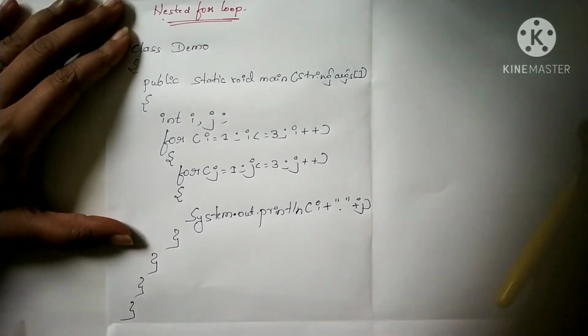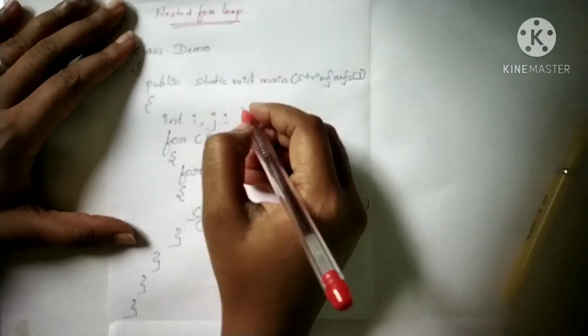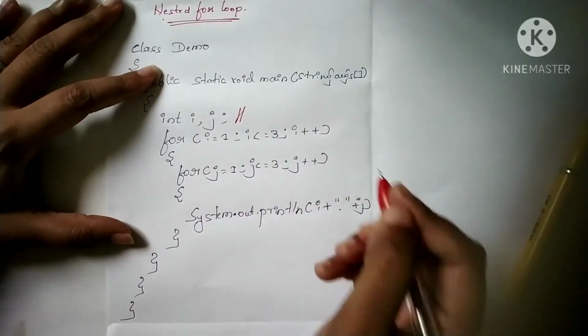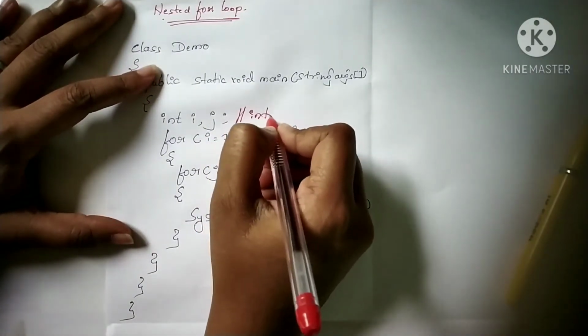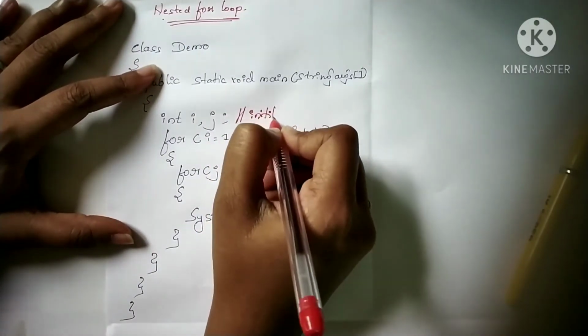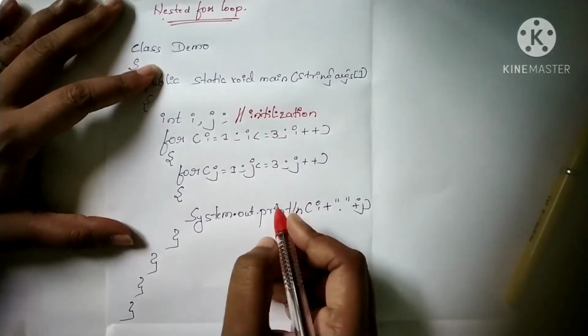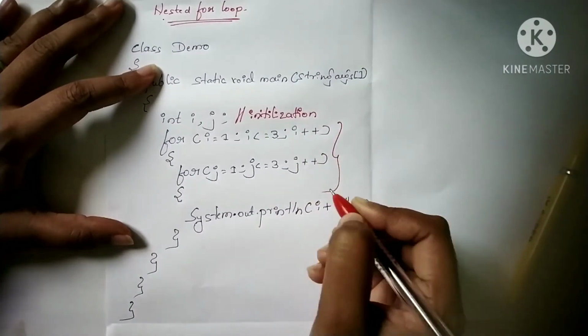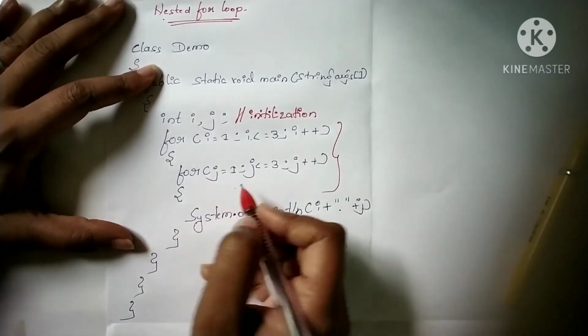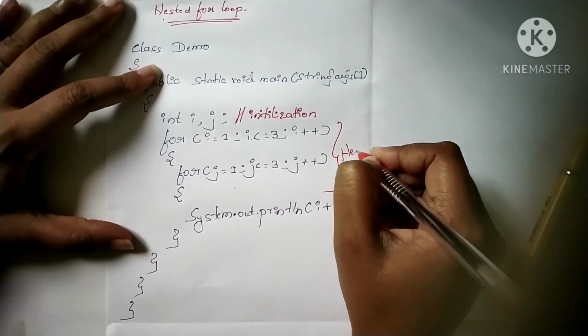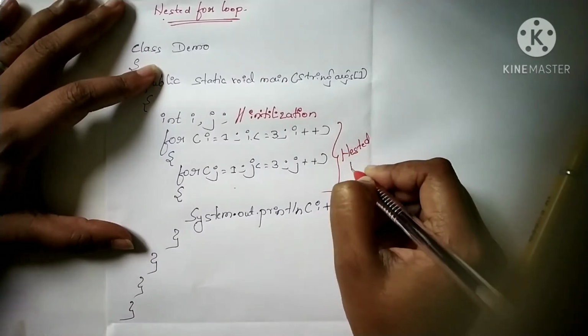Here this is the initialization of variables. These are loops, one loop within another loop. These are called nested loops.